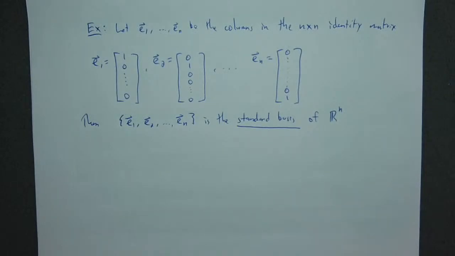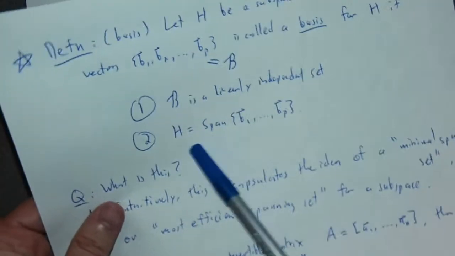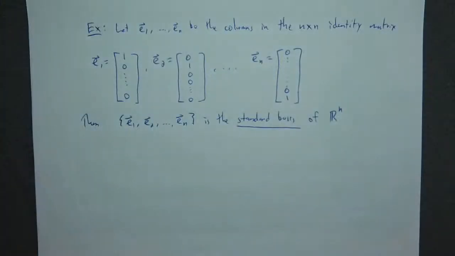In a lot of cases, that is how you're going to talk about them. But if I want to know whether a list of vectors is a basis for some given subspace, I have to check that they're linearly independent, and that they actually span the subspace in question. Those are the two things that have to be checked.